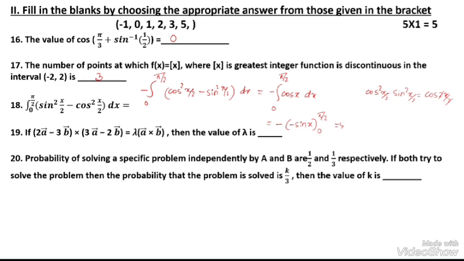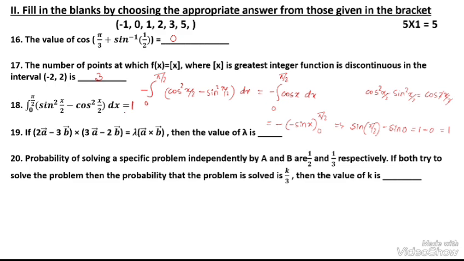Now I will take the upper limit first, that is sin pi by 2 minus sin 0. We already know that sin pi by 2 is 1 and sin 0 is 0. Therefore, 1 minus 0 is 1. The answer is 1. For question number 18, the answer is 1.